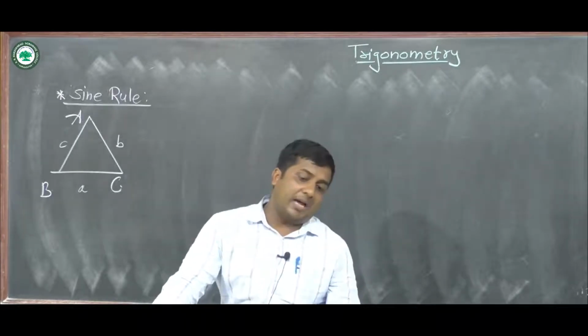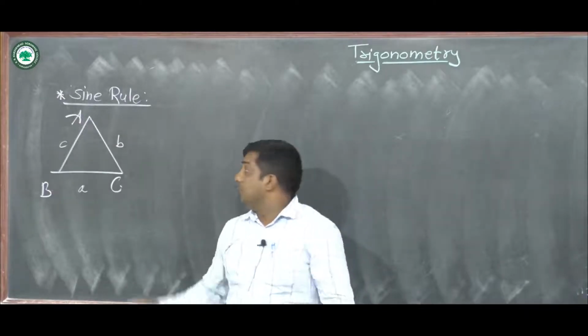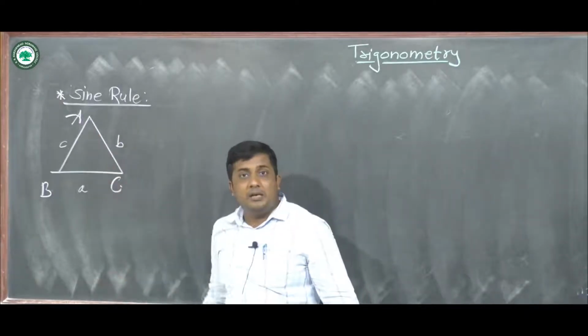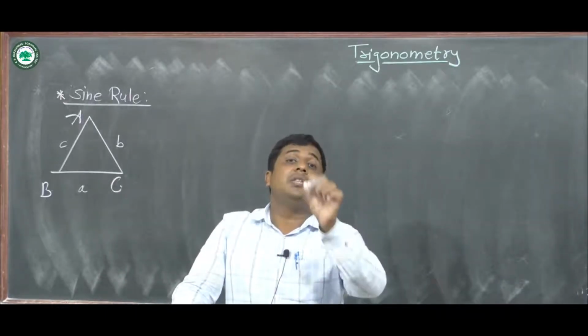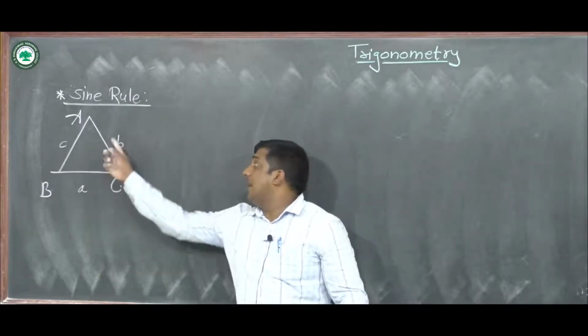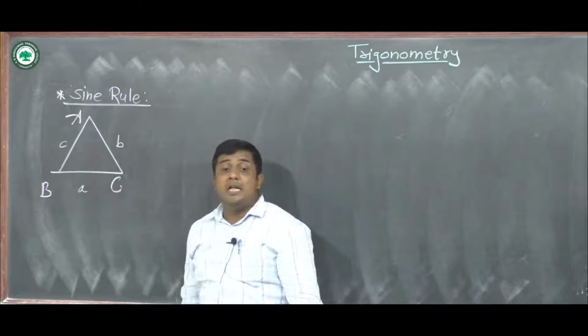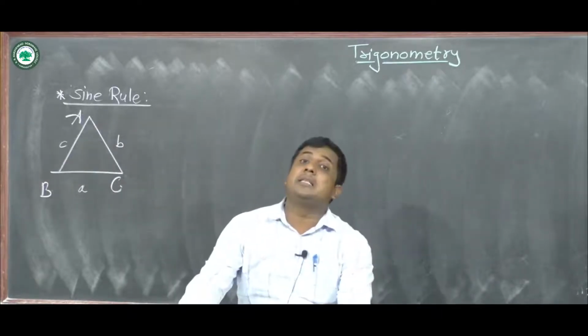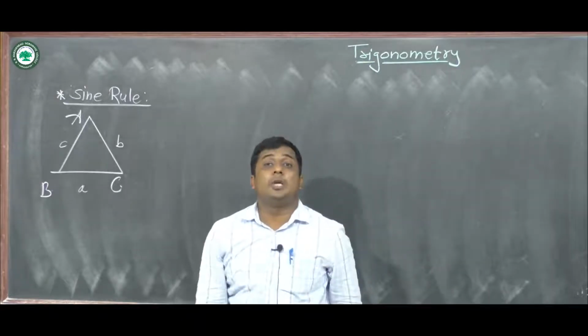So here in the sine rule, remember, the sides of the triangle are proportional to the sines of the angles. I repeat, the sides a, b, c are proportional to the sines of the angles opposite to them.